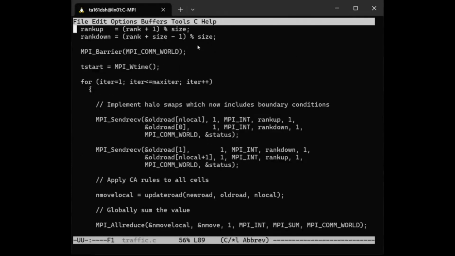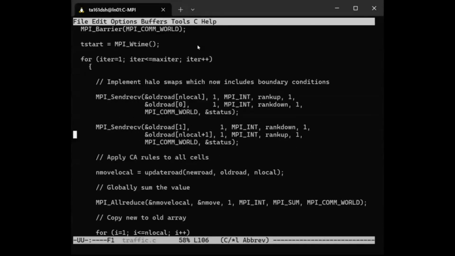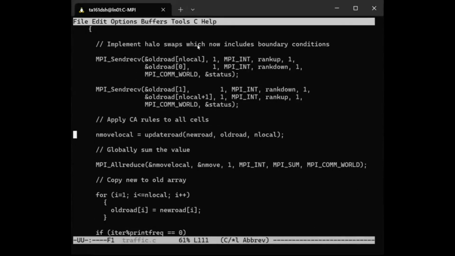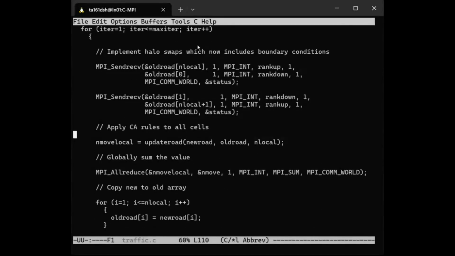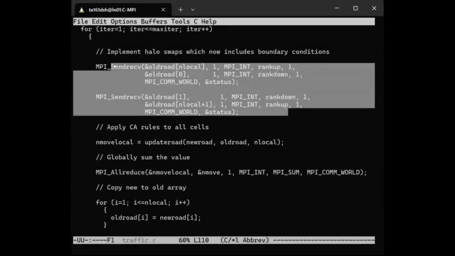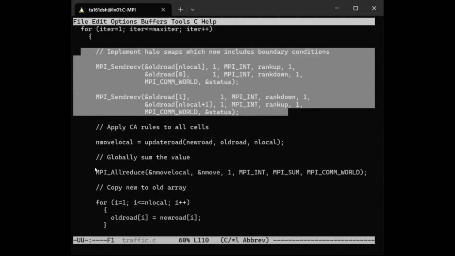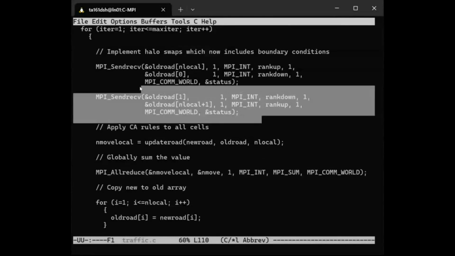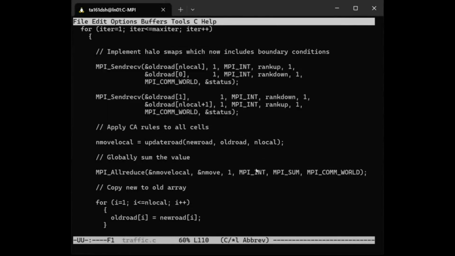Then in the update routine, you loop over, you do the update, but before you do the update, you have to do a halo swap, and you have to do the number of moves. Remember, this is a very poor way of doing the halo swapping, but that's the way it is. So the obvious thing to do to parallelize this code with hybrid MPI OpenMP would be to parallelize that function and to parallelize that function as well.